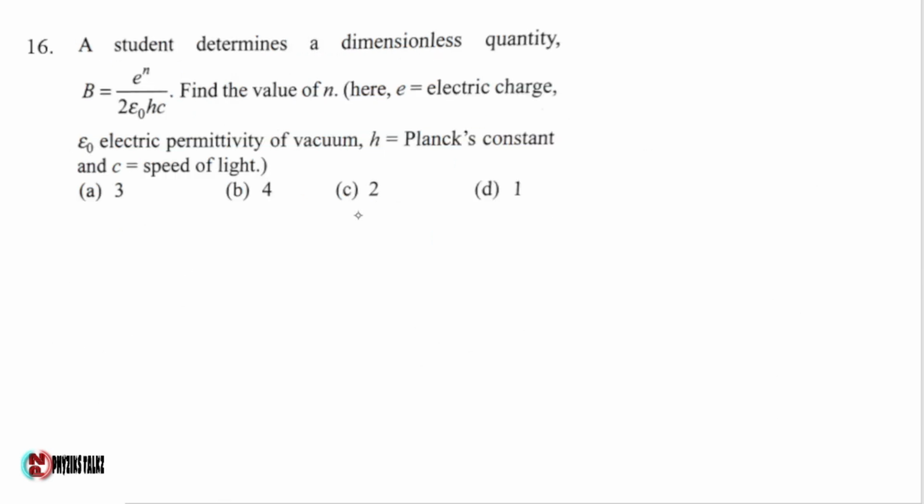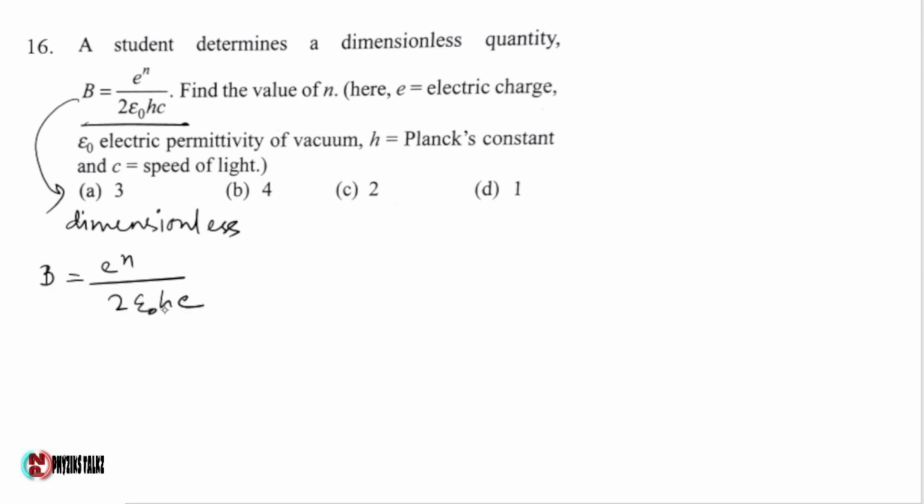Next question. A student determines a quantity B equals this. Now B is a dimensionless quantity, so we have to find the value of n. Now putting this equation, we have B equals e to the power n by 2 epsilon naught h c.